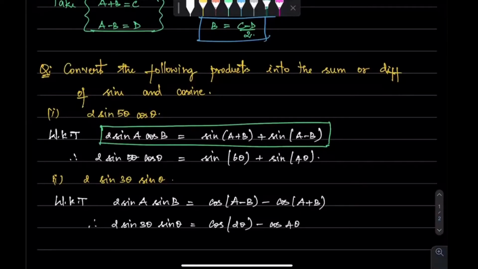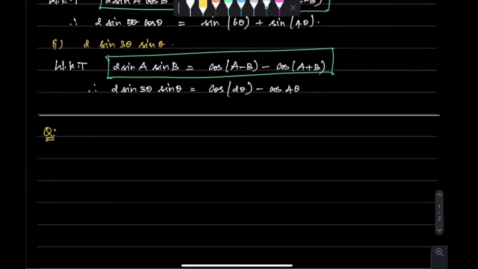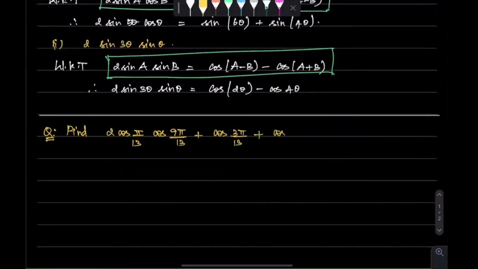Okay, so we'll do some actual problems based on this. Let's do another question. Samyukta, are you there? The next question. Find the value of, which is there in the book in another form: 2 cos pi by 13 cos 9 pi by 13 plus cos 3 pi by 13 plus cos 5 pi by 13.